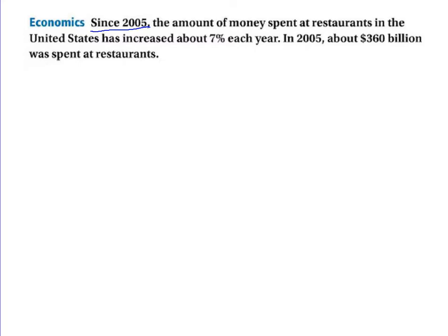So, this is 0 right here. X equals 0 in 2005. Which means in 2015, what will x be? 10. Good. So let's just put that down. In 2015, x equals 10. 10 what? Years. It's really been 10 years since 2005.